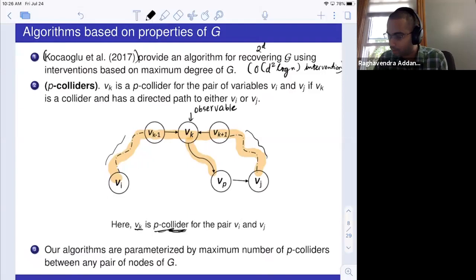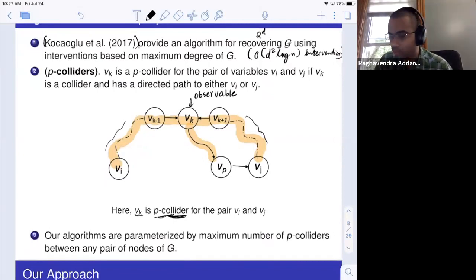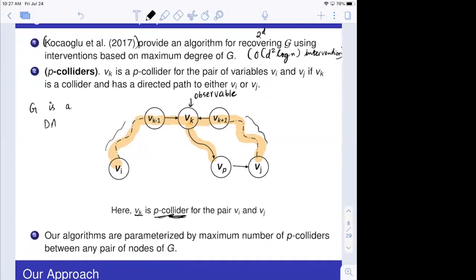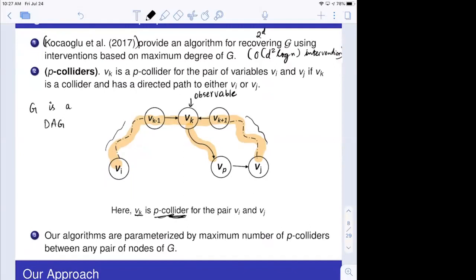Sorry, I have a question. So this does look like there are cycles in this. So are you assuming? That's a good question. G is a DAG. I did not consider the directions on this path, but they are in such a way that no cycle is allowed.